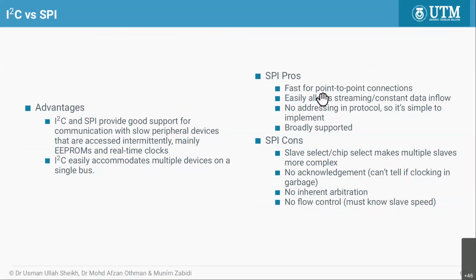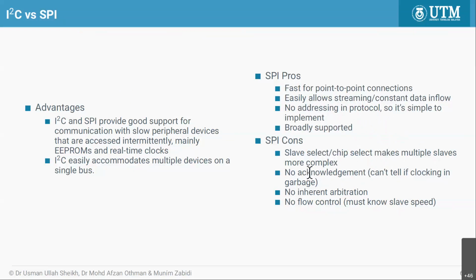SPI is relatively slow compared to other devices, but still faster than I2C. SPI is easy to use for streaming, and there's no addressing. But the problem with SPI is you need a separate slave select, which can be a problem in certain situations.